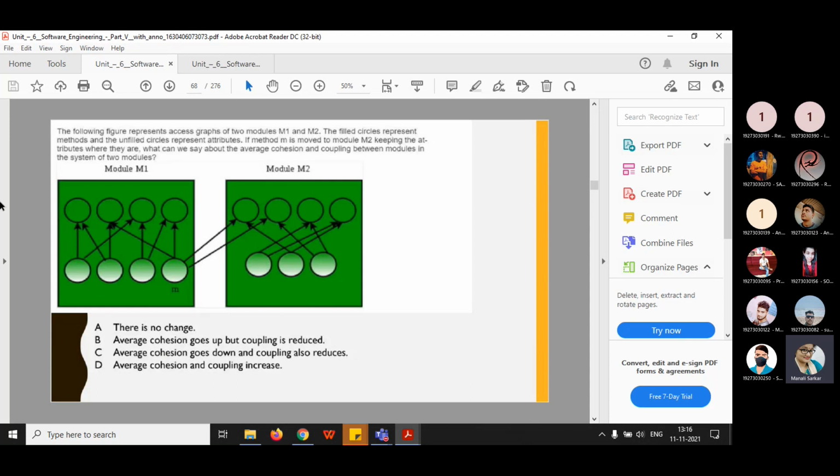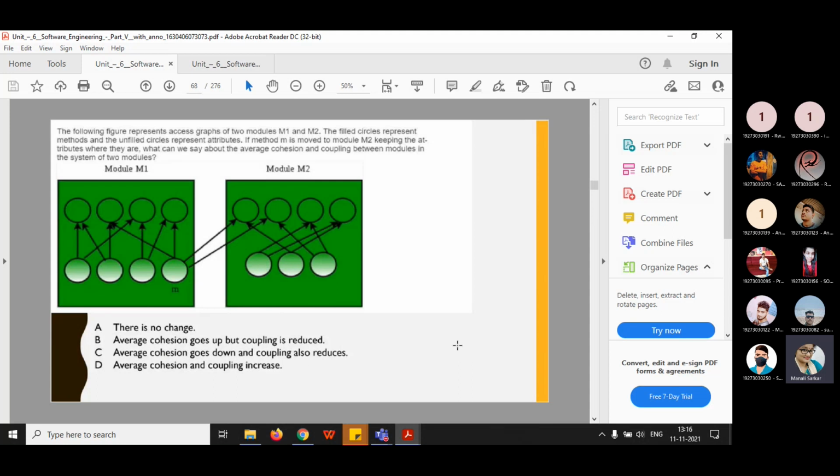The filled circles represent methods and the unfilled circles represent attributes. The unfilled ones are white in color, so that's why they represent the unfilled circles.